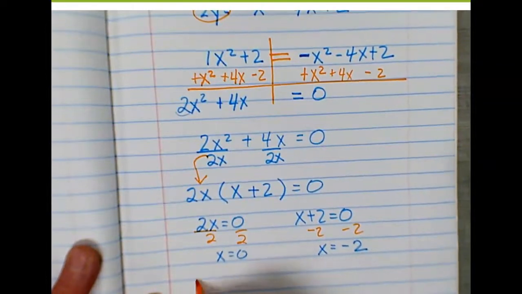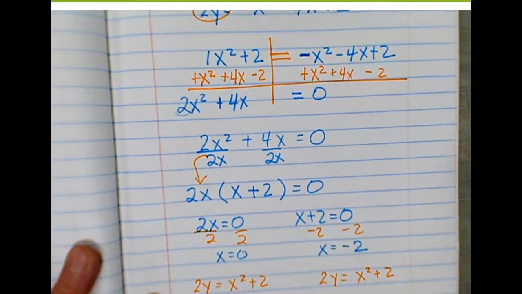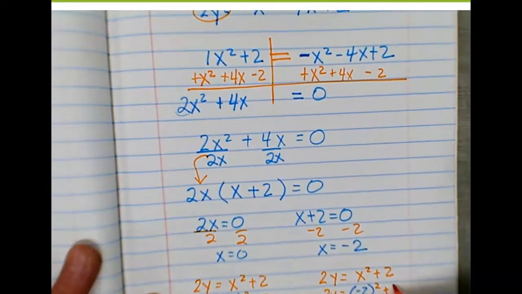Go back to my first equation, looks easiest. And in place of the x, 2y equals x squared plus 2.